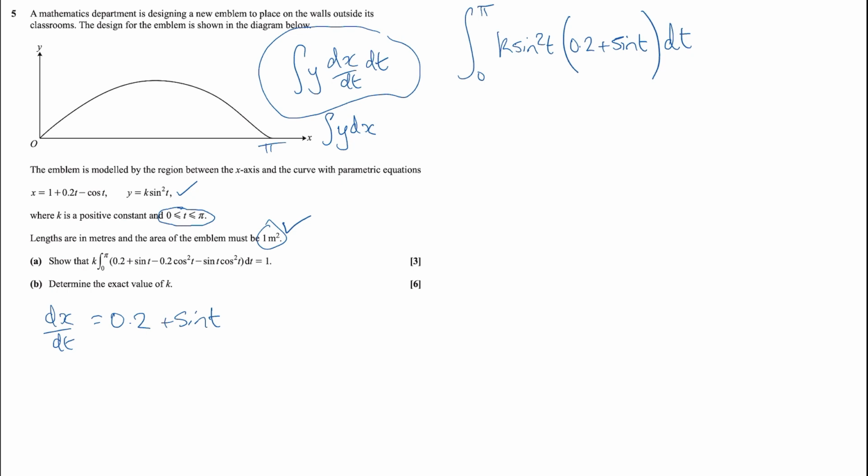Because of the area, we know this has to be equal to 1. So you can see we're already on the right tracks. Where do we go next? If you've got an integral, you can pull out a constant to the front of it, like so. That's step number 1. Step number 2 is to expand these brackets.